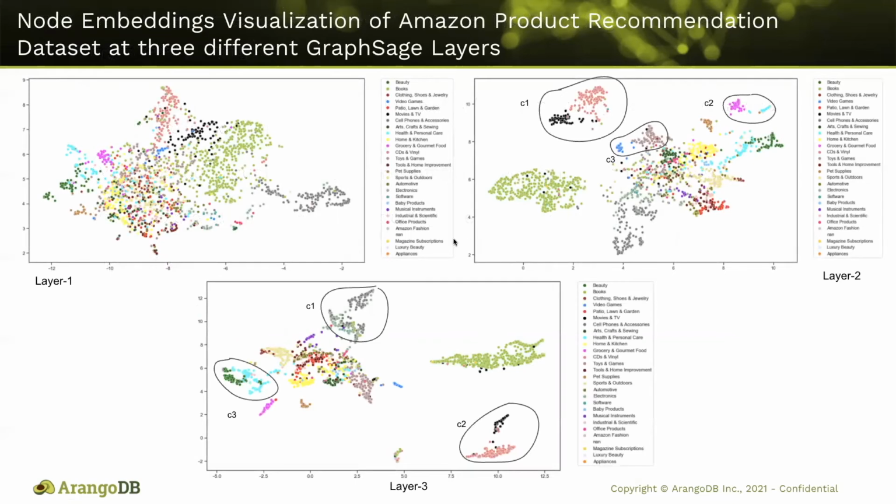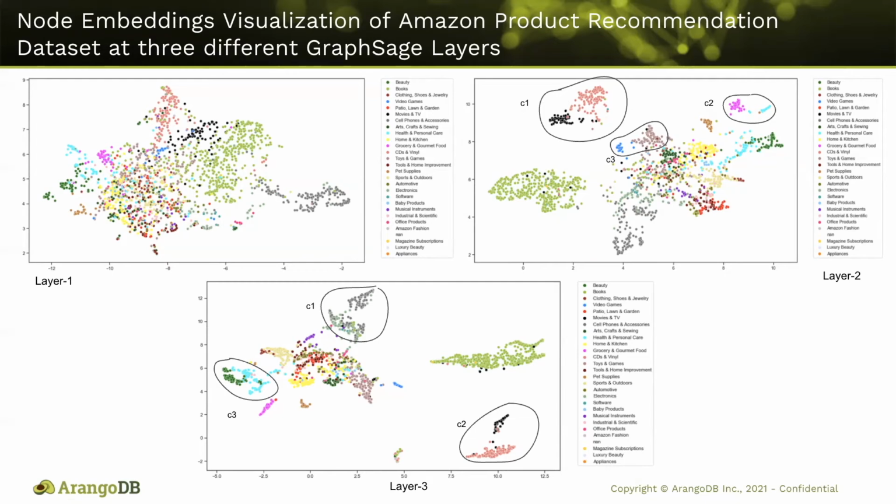This slide shows the embedding visualization of the Amazon product recommendation dataset at 3 different layers of GraphSAGE. About this graph dataset, in this Amazon product recommendation graph, the nodes represent Amazon products and the edges between 2 products indicate products purchased together.